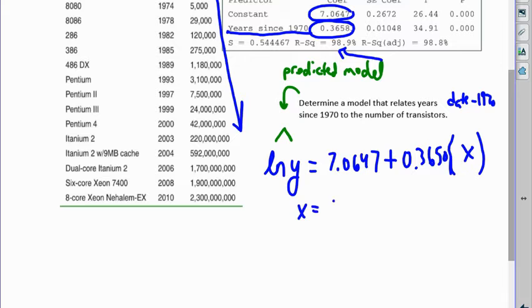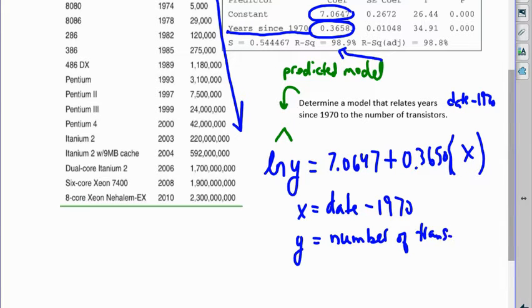X equals date minus 1970, or years since 1970. Y equals the number of transistors. So there's my model, and I've defined my x and my y since I was using x and y when I wrote this model.